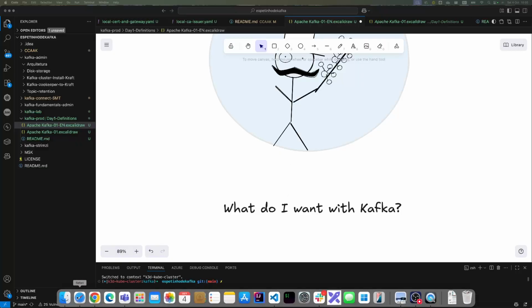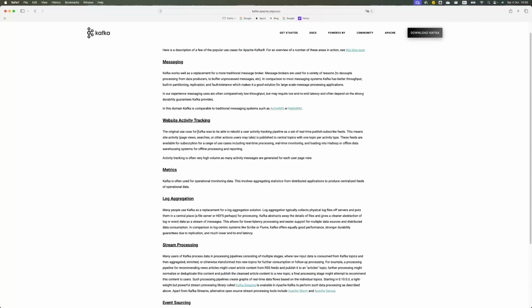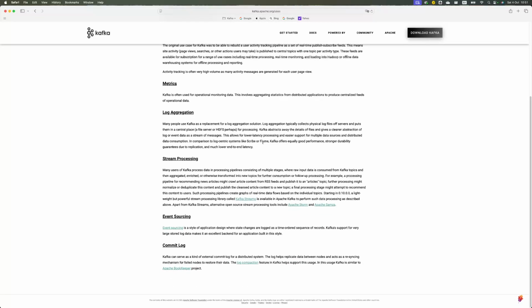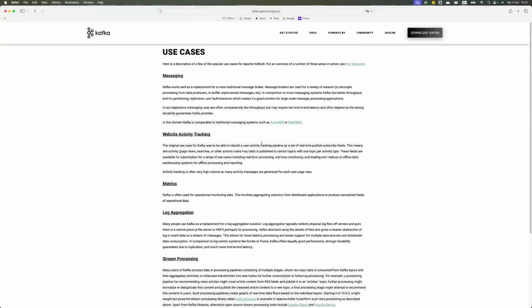So if you go to the Kafka documentation, let's just open the use cases. So we have different use cases: messaging, website activity tracking, metrics, log aggregation, stream processing, event sourcing, commit log. So there are different purposes for using Kafka.